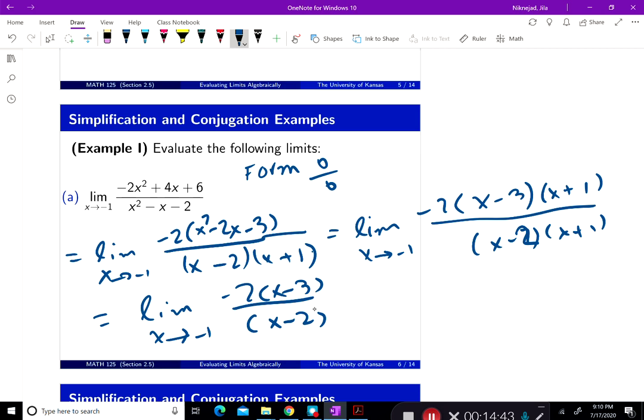And so at this point, if I directly substitute, what I get is -2 times 4 divided by negative 3. And so this is not an indeterminate form anymore. This was the indeterminate form.